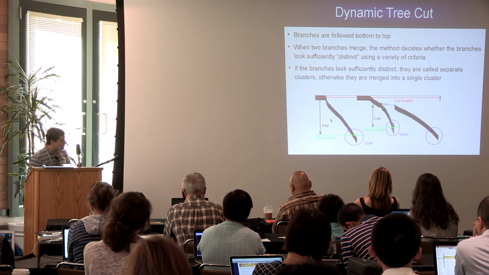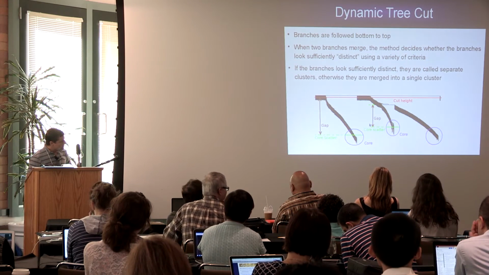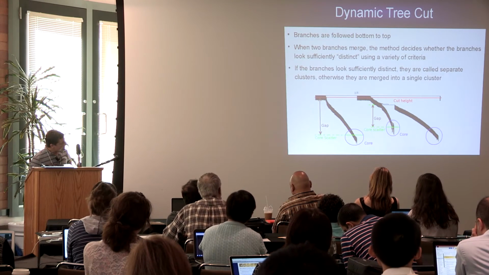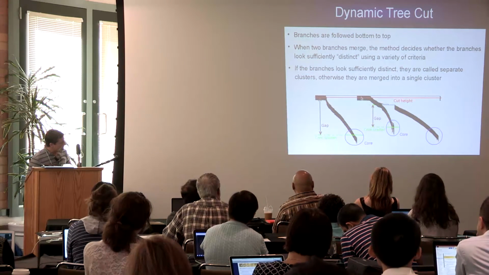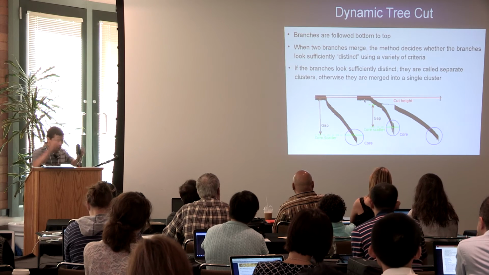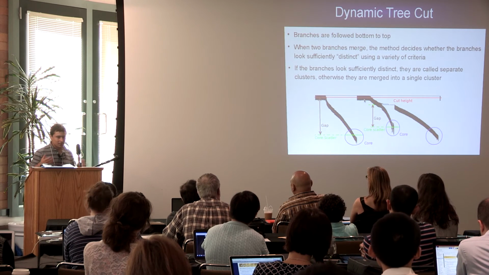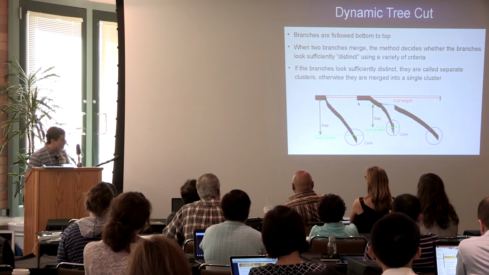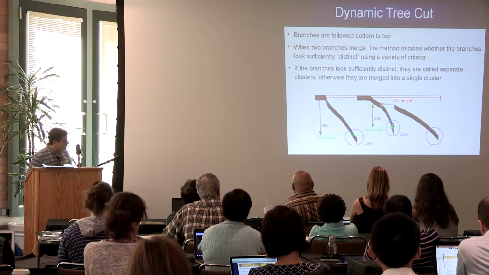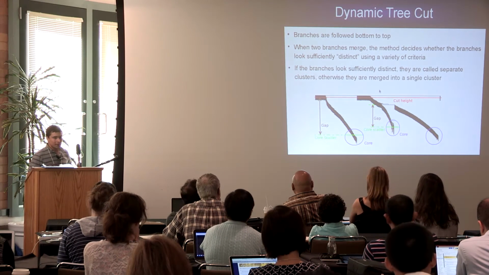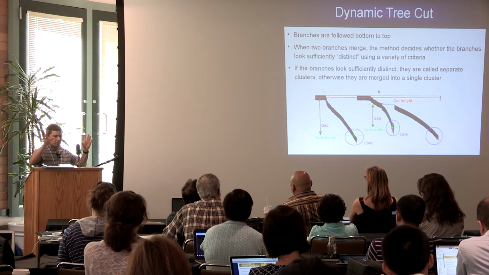I also require that the core is far enough from this red line. If the core is just barely below the red line, that's not a good branch for me. On the other hand, if the merge is above the red line, then it's a good merge.